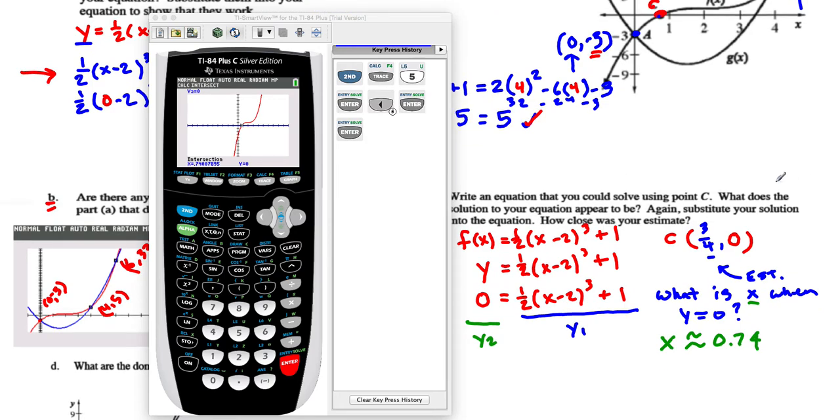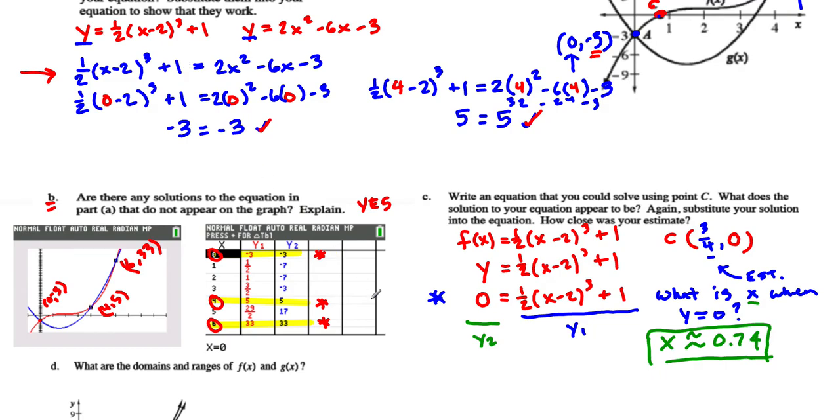It says, how close was your estimate? Our estimate was extremely close there. So that is what our value of x would be. Now, if you have questions about this, make sure you ask your teacher. I'm going to move this out of the way here.